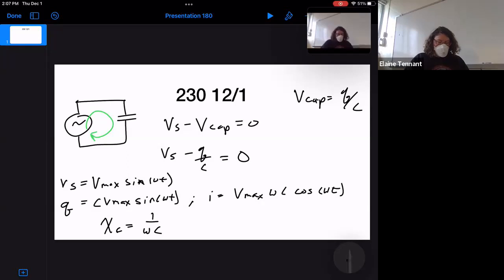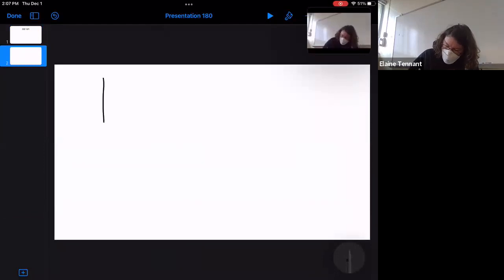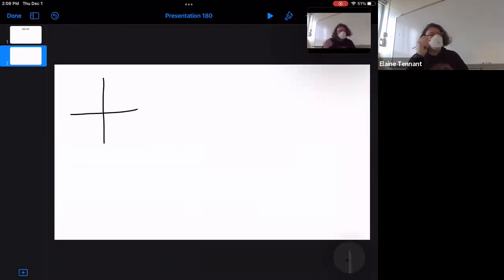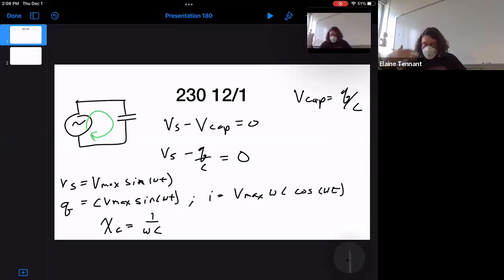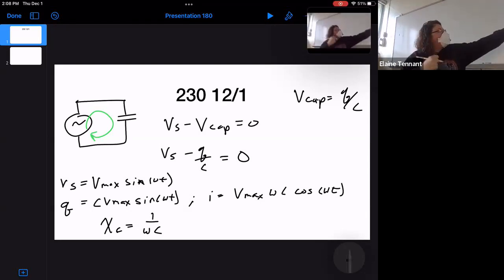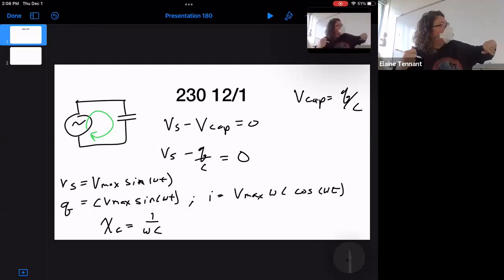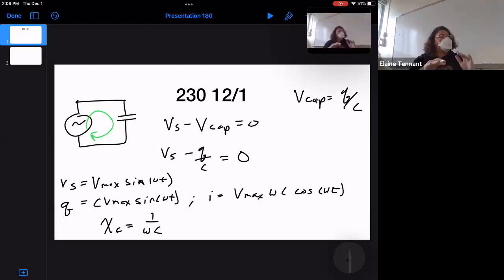Andrew drew a phase diagram where we talked about these waves, the current and the voltage, being sine waves that might not always be in phase. Here we have our source voltage being a sine function and our current being a cosine, so they're not going to hit their peaks at the same time or their low spots at the same time. So they're not in phase.